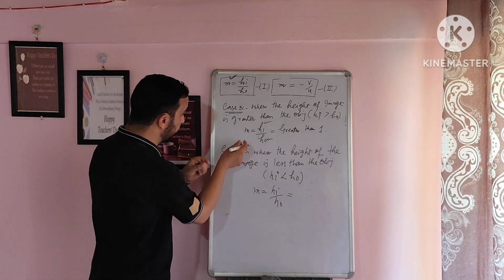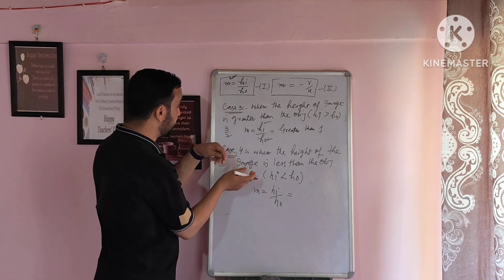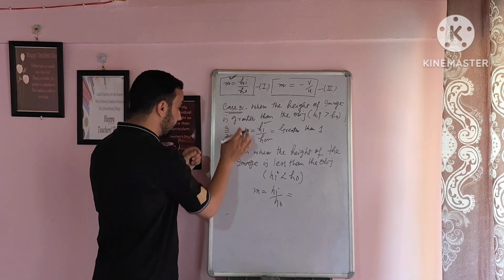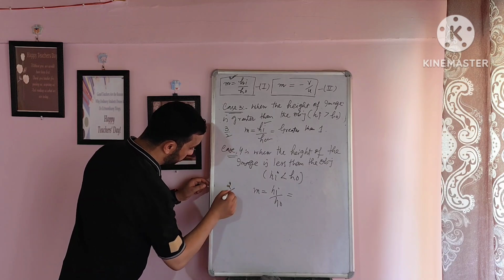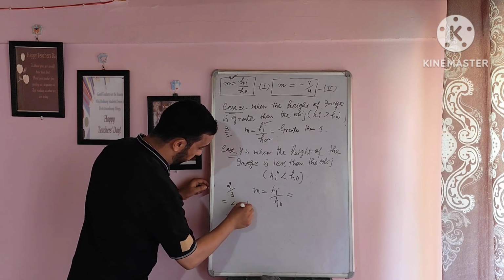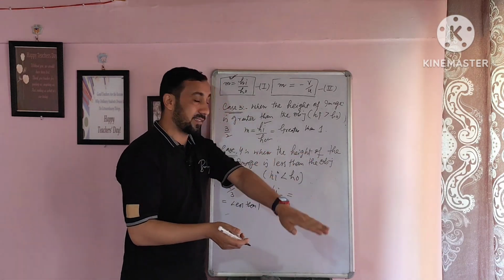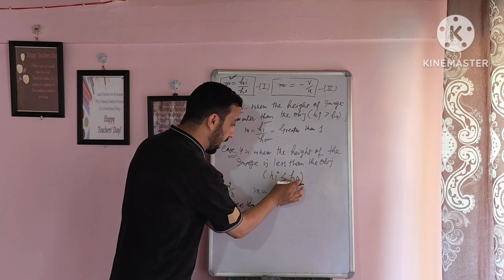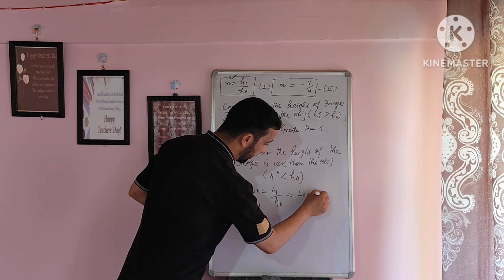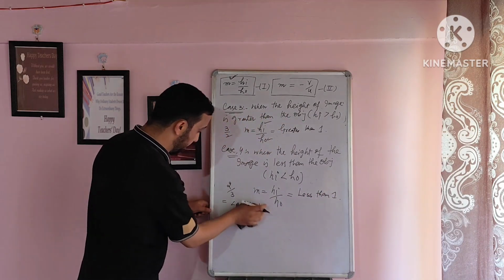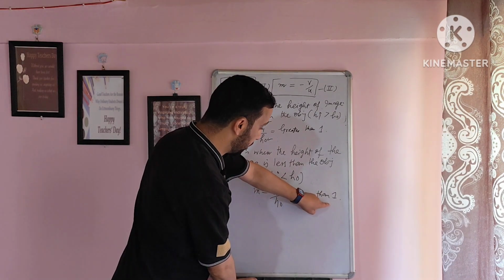Likewise, as in the earlier case we had 3 upon 2, but this is the reverse case. Compared to case number 3, this can be written as 2 upon 3. 2 upon 3 is less than 1. So in case number 4, whenever the height of the image is less than that of the object, the magnification value will always be less than 1. And you must remember, whenever the height of the image is less than that of the object, the magnification has a value less than 1.